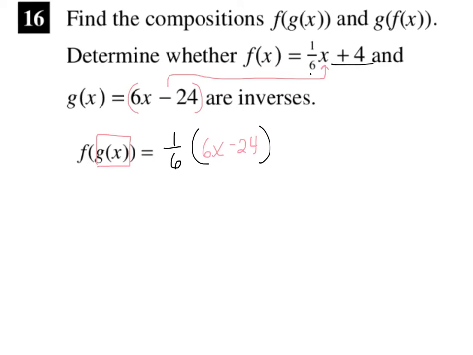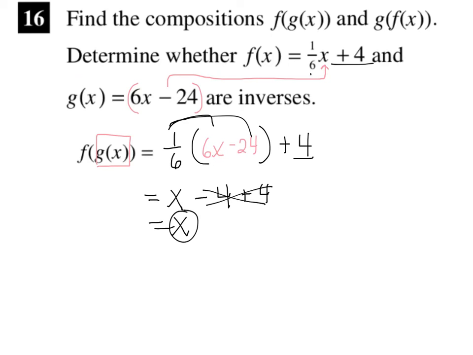Then I'm going to keep copying plus 4. So we distribute. 1/6 times 6 is just 1. 1/6 times negative 24, it's basically negative 24 divided by 6, which is negative 4. Don't forget the plus 4. Those cancel out, and we're left with plain x.